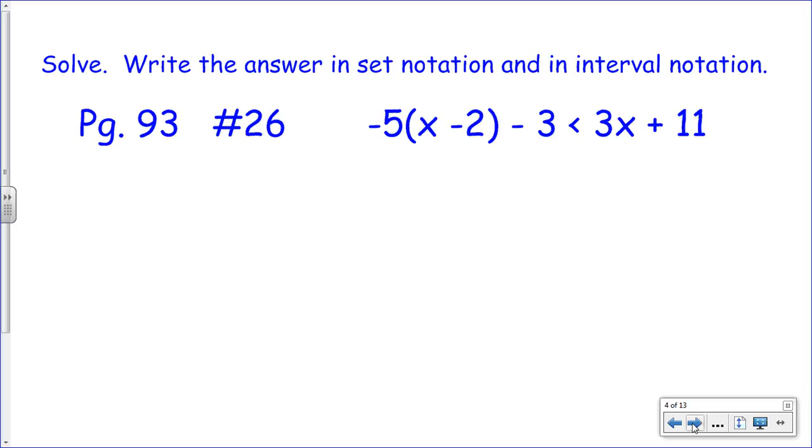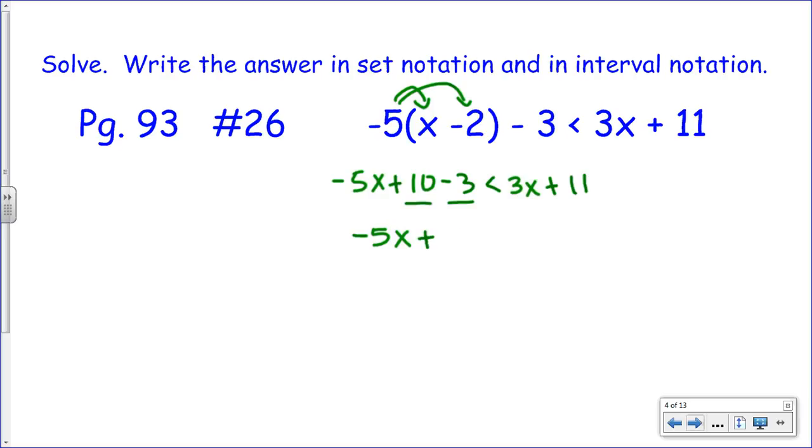Okay, so I'm solving this like I would with an equation, so I have to distribute to get rid of the parentheses. And then I want to combine like terms. So 10 minus 3 was 7.